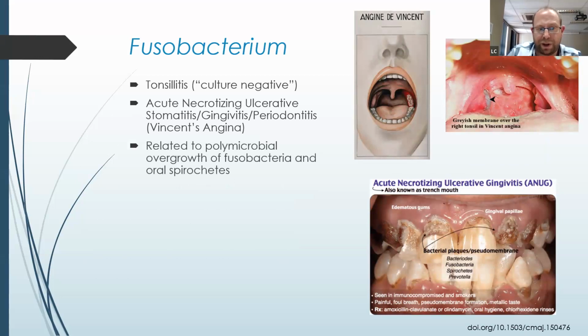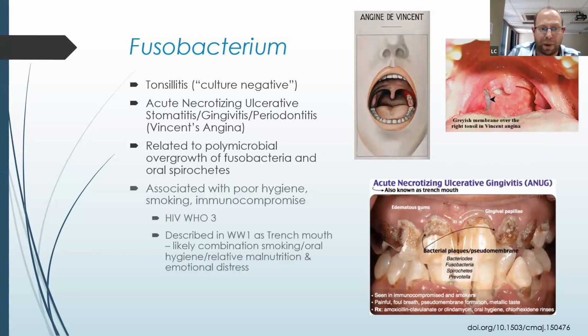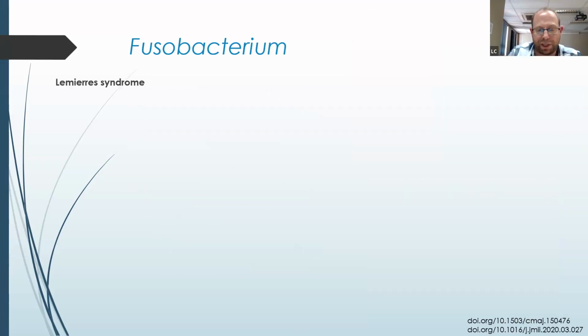It's a synergistic infection of the fusobacteria and certain spirochetes within the mouth, and associated with poor dental hygiene, smoking, immunocompromise. It's an HIV/WHO3 classifying disease, and likely the combination in World War One of poor oral hygiene on the front lines, relative malnutrition, lots of smoking, and emotional distress resulted in the appropriate milieu for development of the disease.